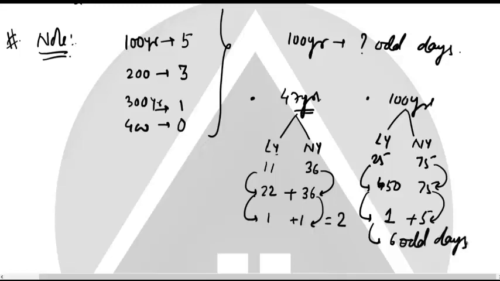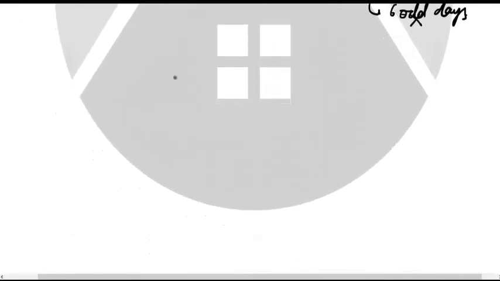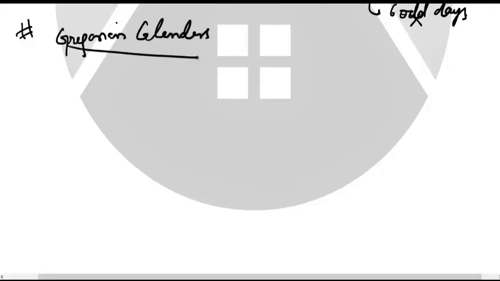It appears so. In fact, this is not true. So 100 years will not have 6 odd days. Instead, it will have 5 odd days. I'll explain to you why. See, this calendar which we are referring to is actually the Gregorian calendar, right? So whenever we say that a particular day is Monday, there has been some reference, like 1st of January, suppose they had assumed that this will be Monday.